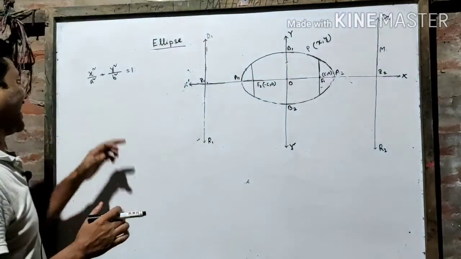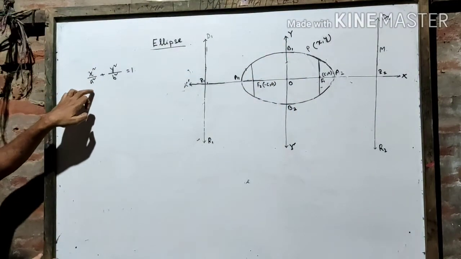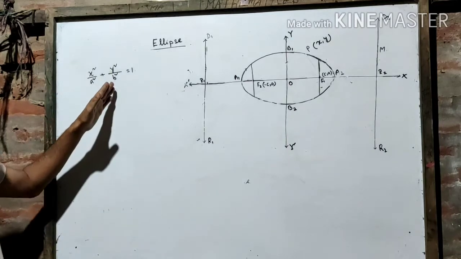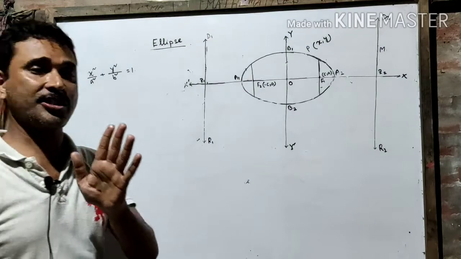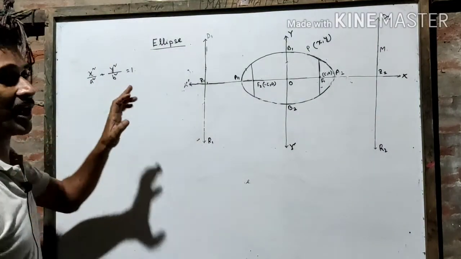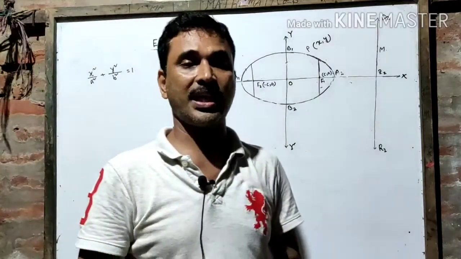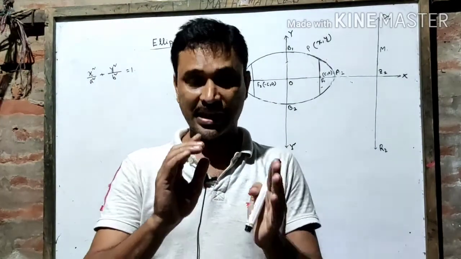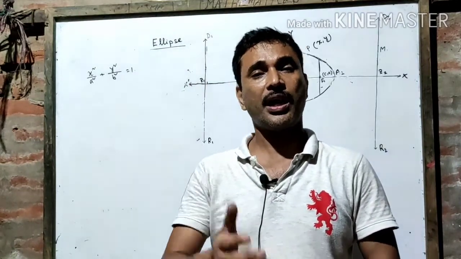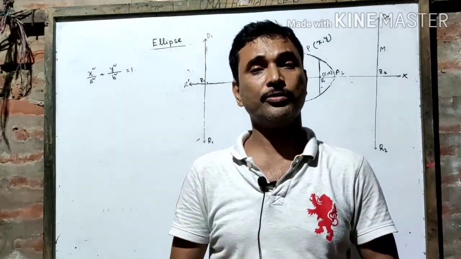Second property: x square by a square, a square quantity, square of a real number is always non-negative. y square by b square, a square quantity, is also non-negative. So both are non-negative quantities, and their sum is equal to 1. It means both x square by a square and y square by b square are less than or equal to 1.